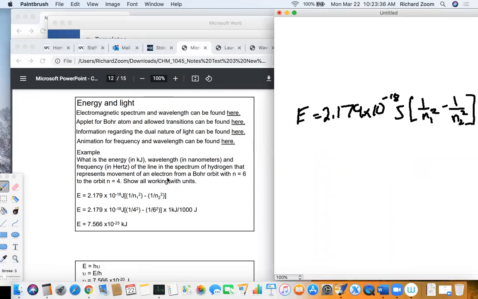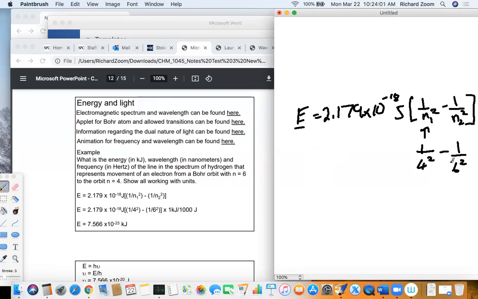So the n1 and the n2 are given to you in the problem, n equals 6 and n equals 4. So it's just a matter of plug and chug, really. But you want the energy here to be a positive value. So in order to make that happen, we do 1 over 4 squared minus 1 over 6 squared. You can see that by doing that, we'd do 1 over 16, which is bigger than 1 over 36.